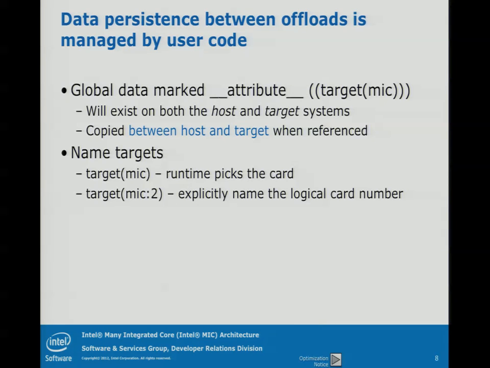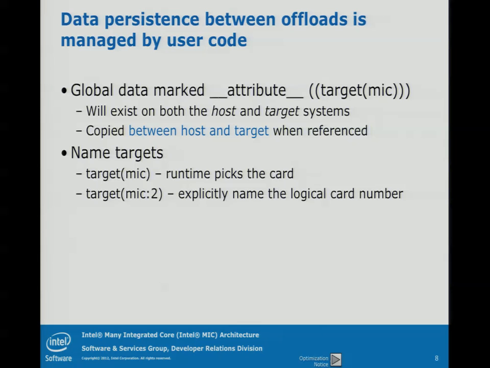Okay, so the first optimization that you can do is you can obviously leave data on the card, and you can force the system, by specifying a number for the card in the target clause, to always hit the same mic device or Xeon Phi device in your system.